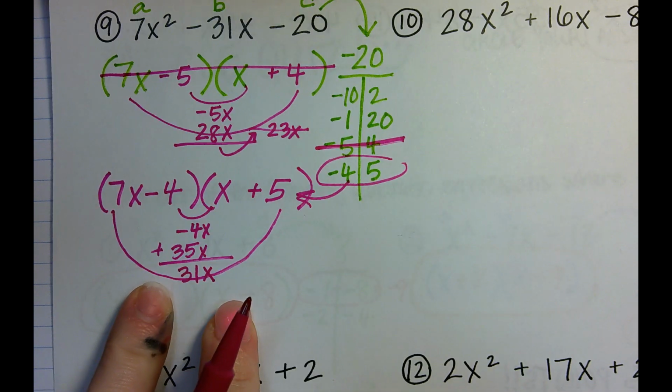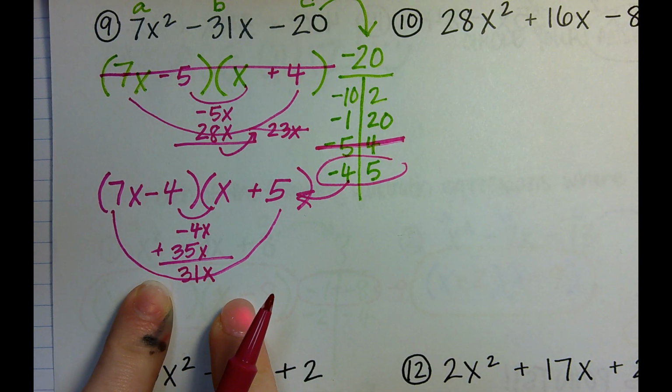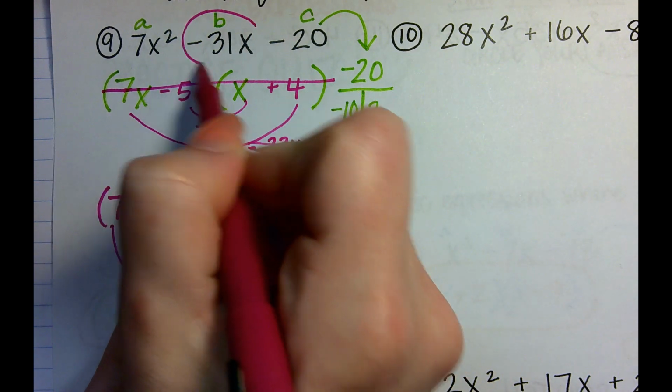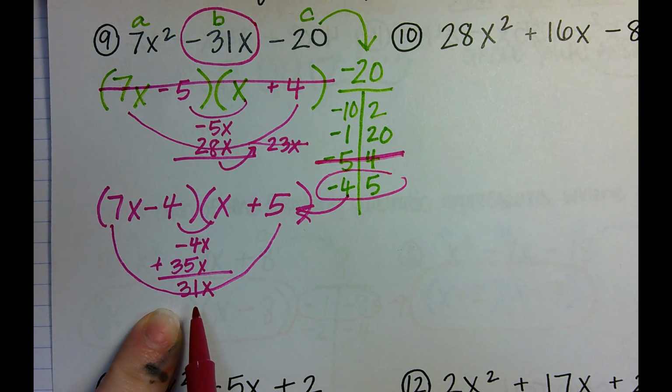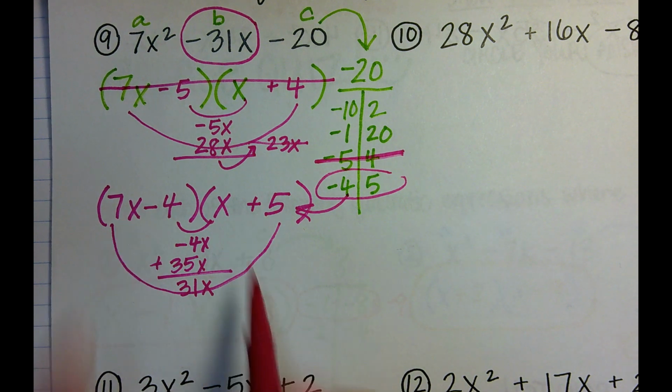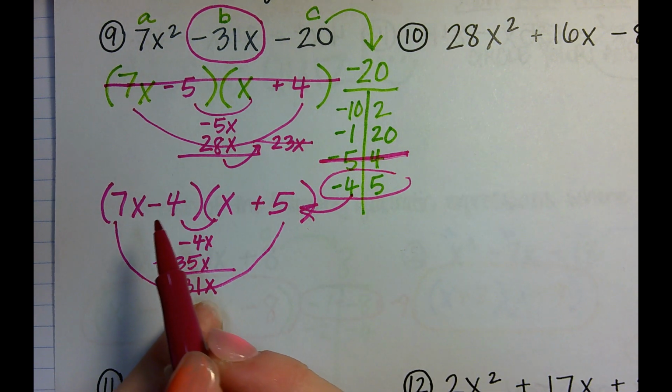Now, this is very close. What do we need it to be instead of positive 31x? Negative 31x. So if you get the right number, but the wrong signs, what can you do? You can just switch the signs. Keep the numbers exactly where they are, just change the signs.